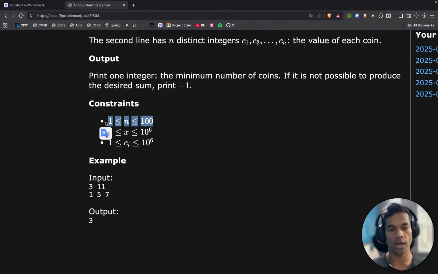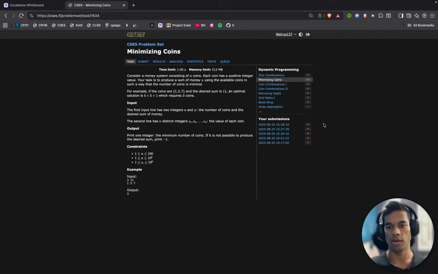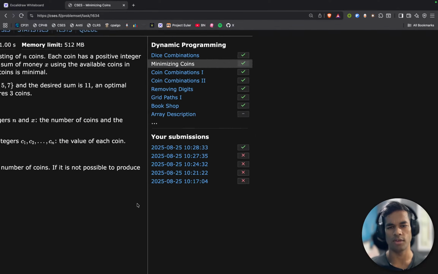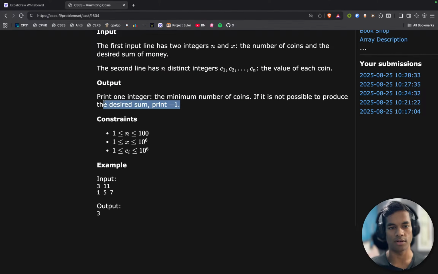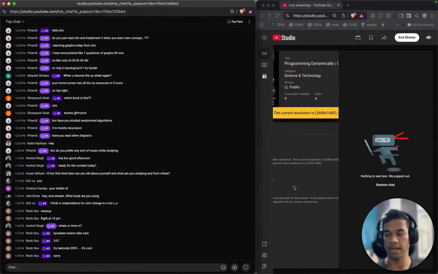At max, we could have 100 choices, and the maximum sum that we could have, the target sum, is 10 power 6. So that results in a time complexity of 10 power 8, which is just doable. And why did I get all of these wrong? I think I was not considering the fact that I might never be able to reach the sum that was given. So informally, that is the running time. That is it.